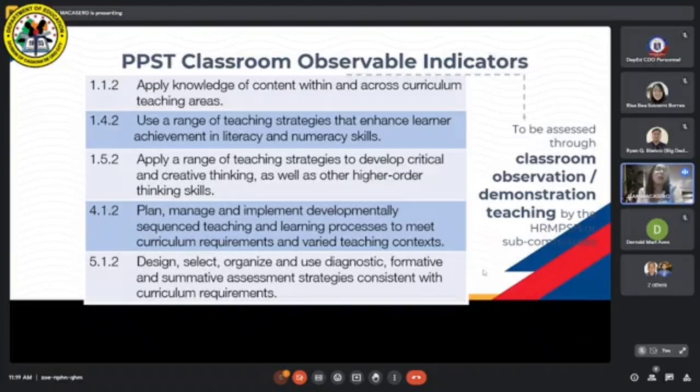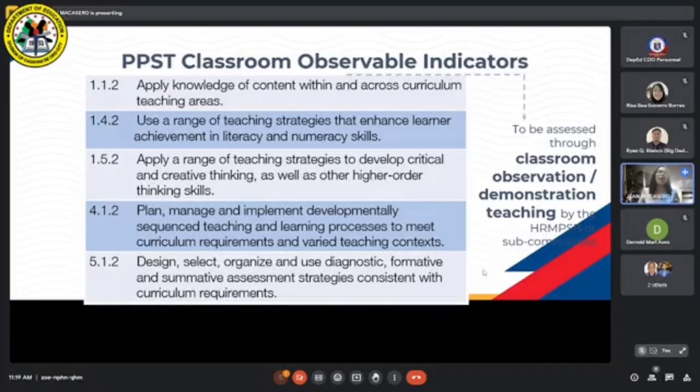So 1.1 is apply knowledge of content within and across curriculum teaching areas. When we speak of across curriculum, if you're teaching science, we will be observing how you can relate it to different subjects, maybe mathematics, English, music, or Filipino.